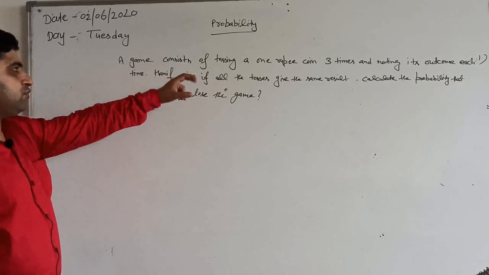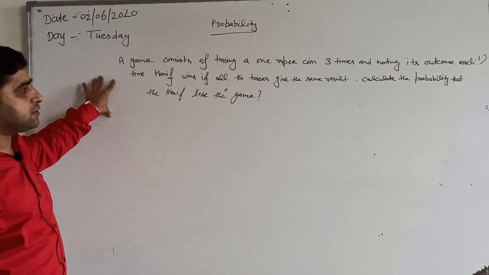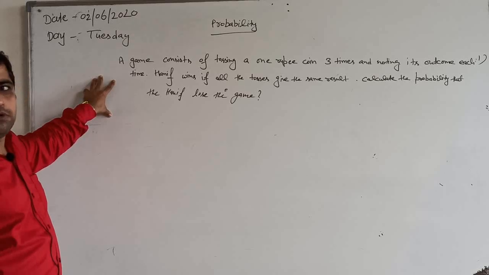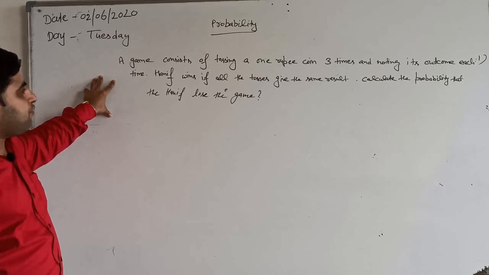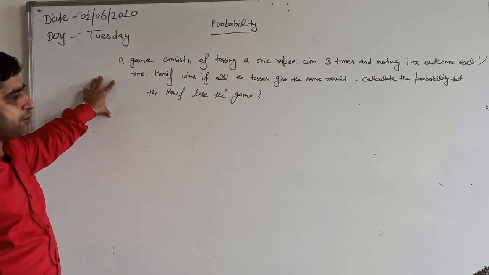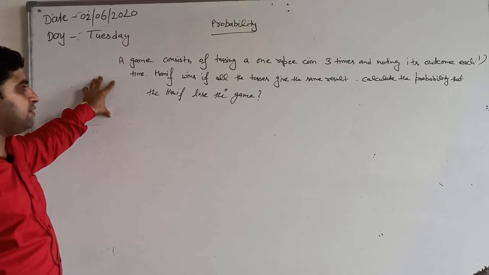A game consists of tossing a 1 rupee coin 3 times and noting its outcome each time. Hafiz wins if all the tosses give the same result. Calculate the probability that Hafiz loses the game.